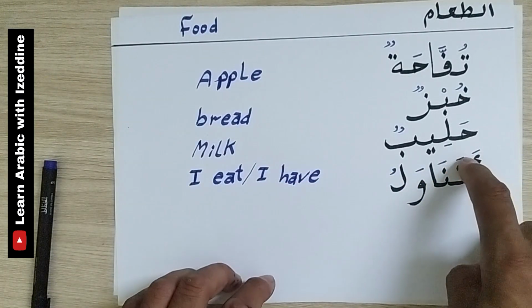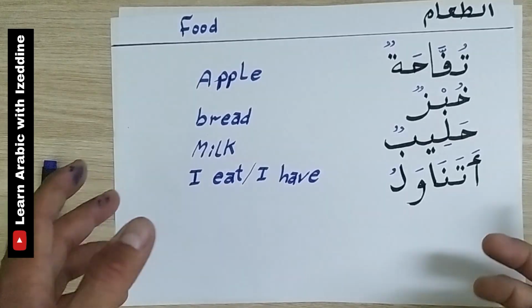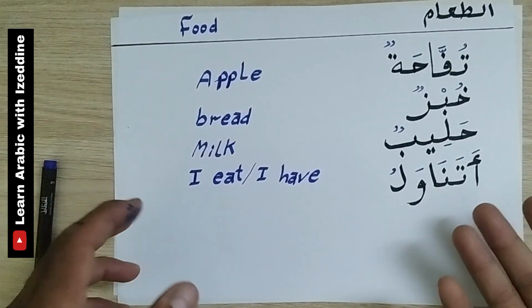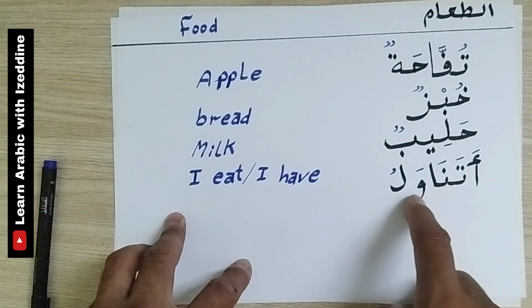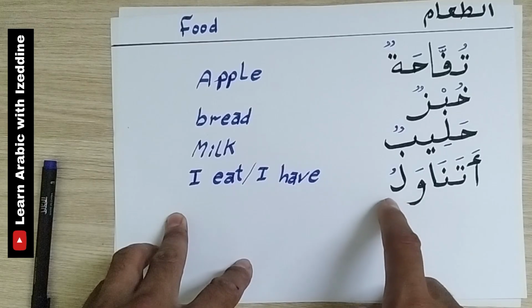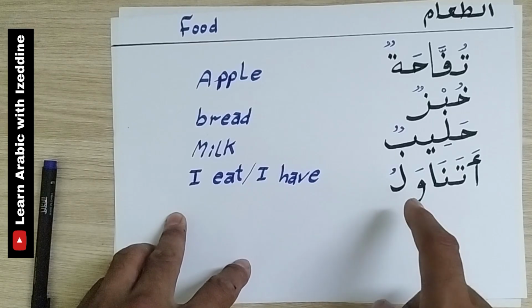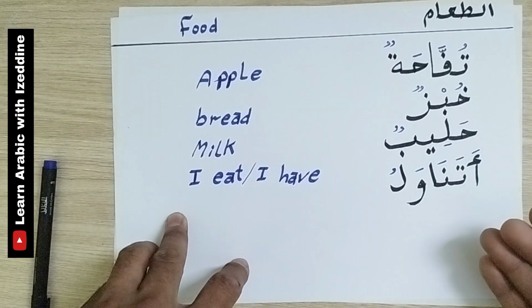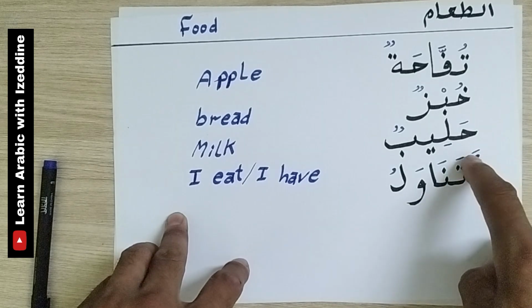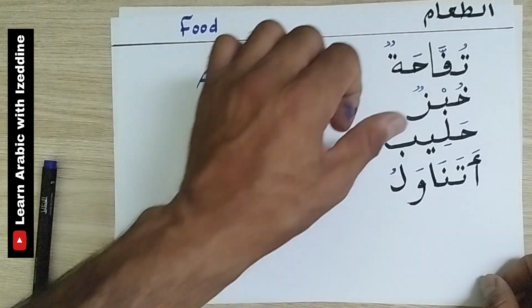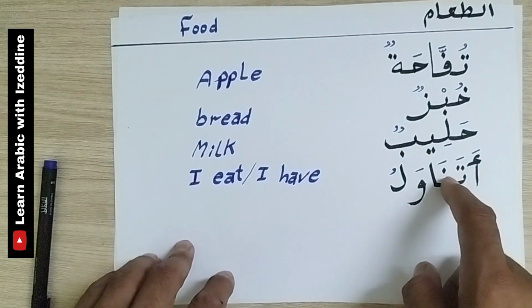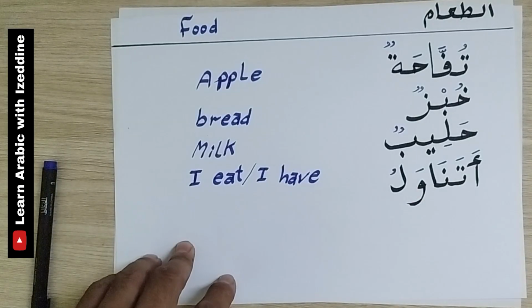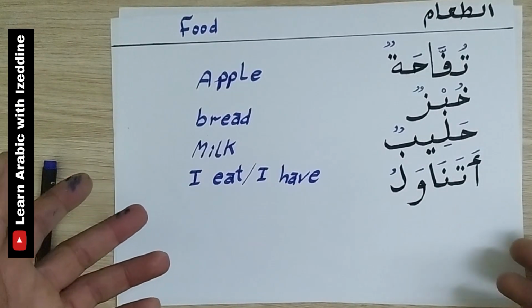Of course, we use these harakat, the vowels, just for beginners, okay? So that we help them figure out what word it is. But for advanced learners, they don't need these harakat. Without them, they can read the word, and even the books.